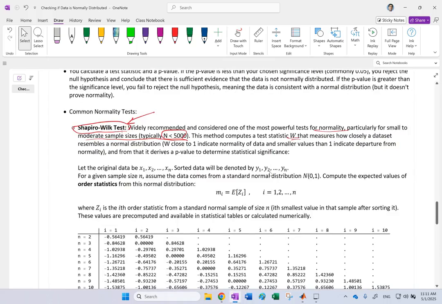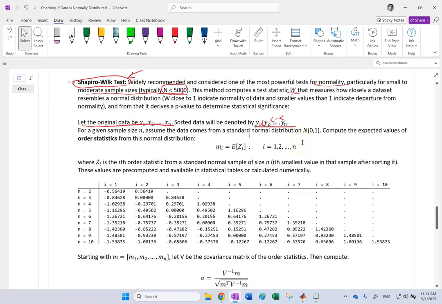So here, let's go and look at the Shapiro-Wilk test. How would you do the Shapiro-Wilk test, or SW test? Let's say the data you have is x1 to xn. As in previous cases, you sort it in ascending order from y1 to yn. Now, with the sorted data, you are going to create the W statistic. How?